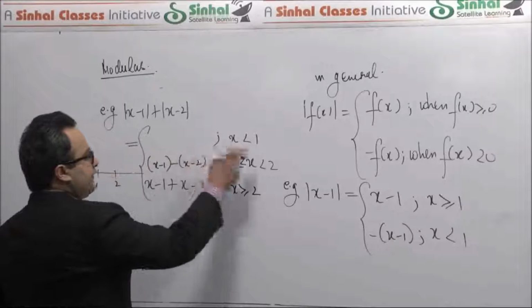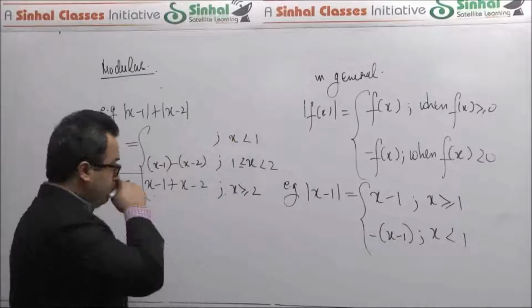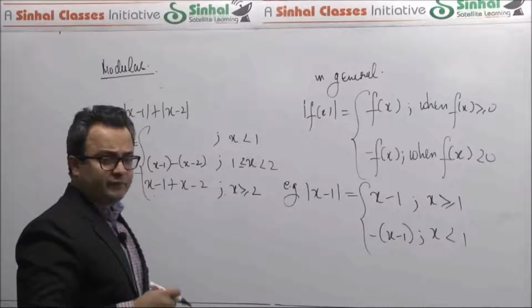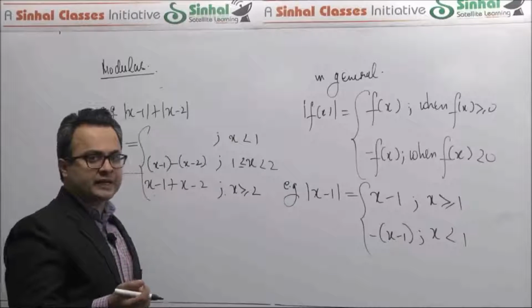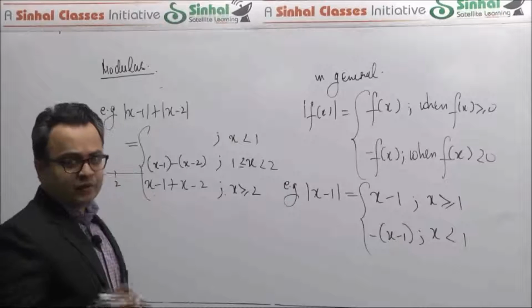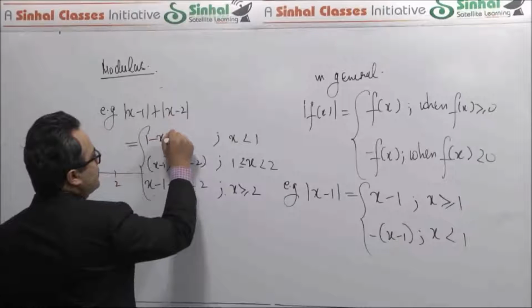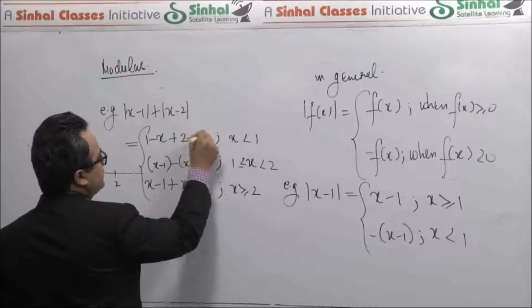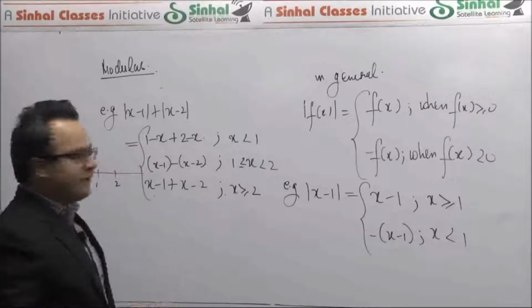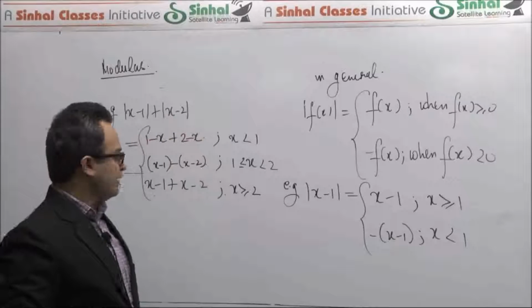And when we go to the x less than 1 case, if x is less than 1, then x minus 1 as a value is negative, and x minus 2 as a value is also negative. So mod of x minus 1 will be minus of x minus 1, and mod of x minus 2 will be minus of x minus 2.